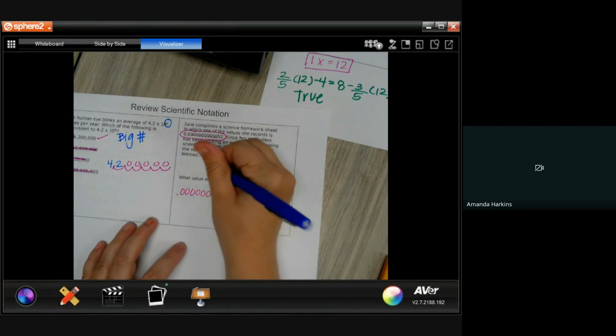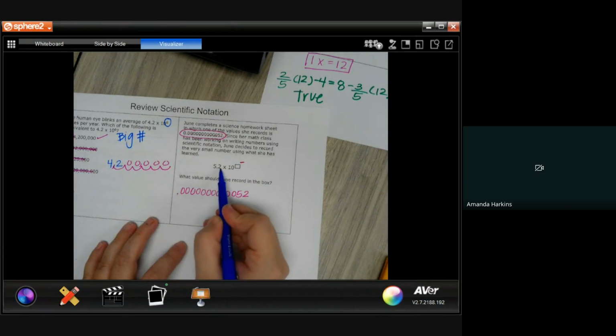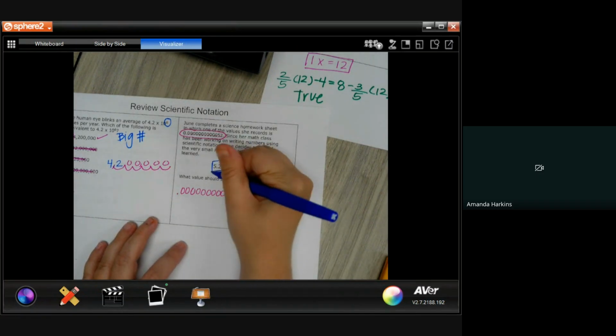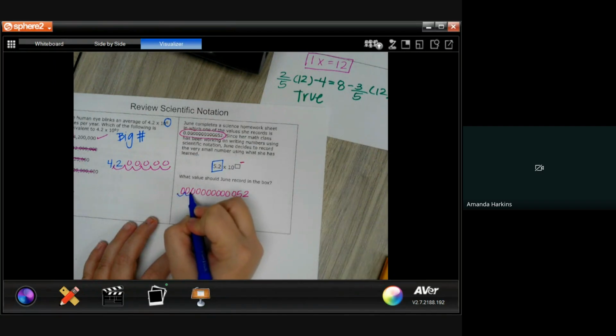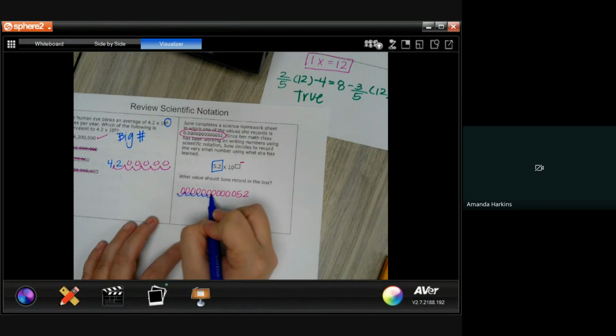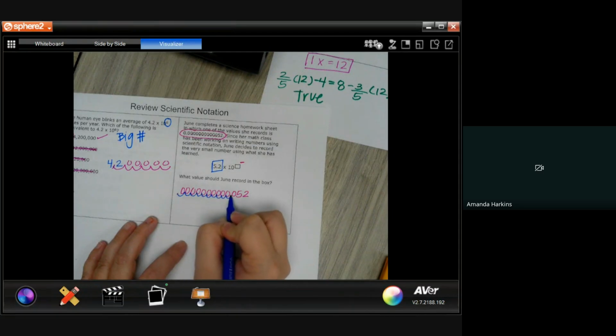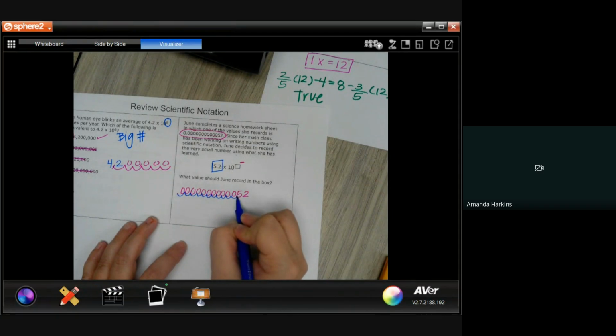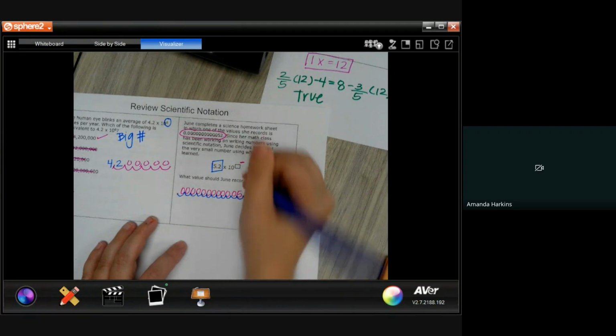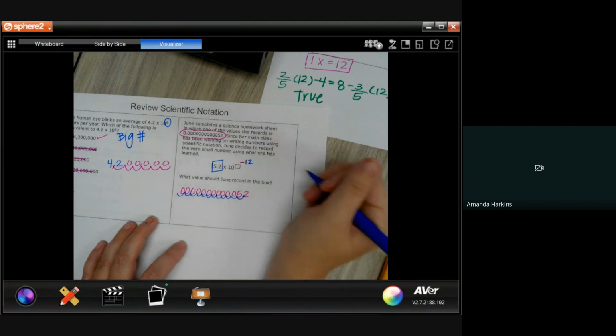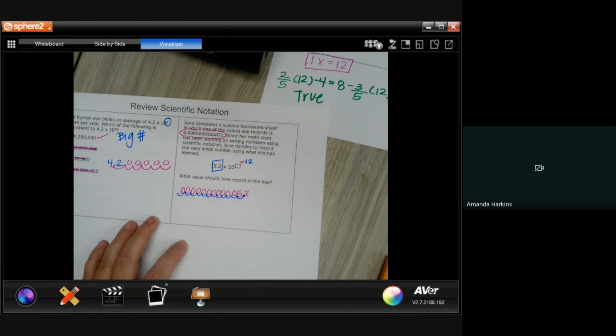Remember, my number is between 1 and 10. That's why they have 5.2. So 1, 2, 3, 4, 5, 6, 7, 8, 9, 10, 11. I have to move it one more time, make 12. So my exponent's going to be a negative 12.